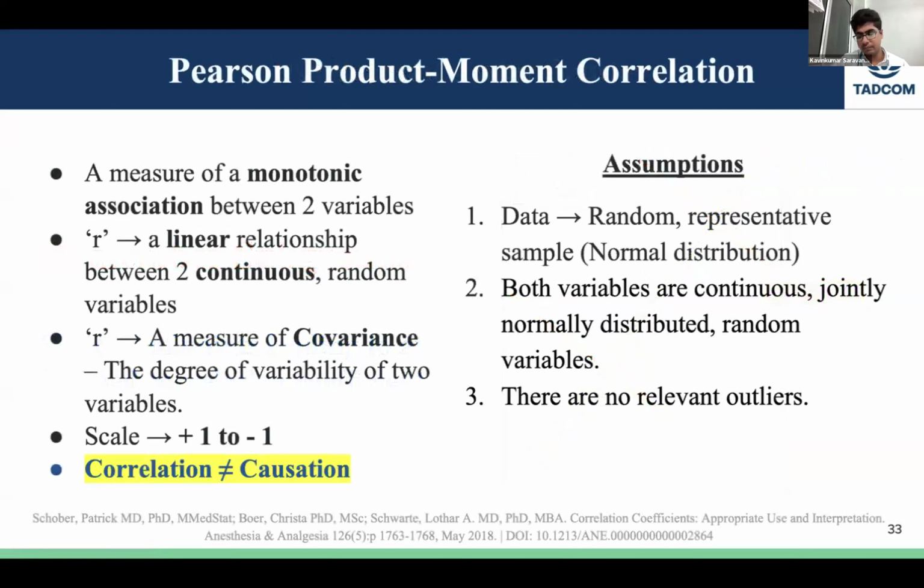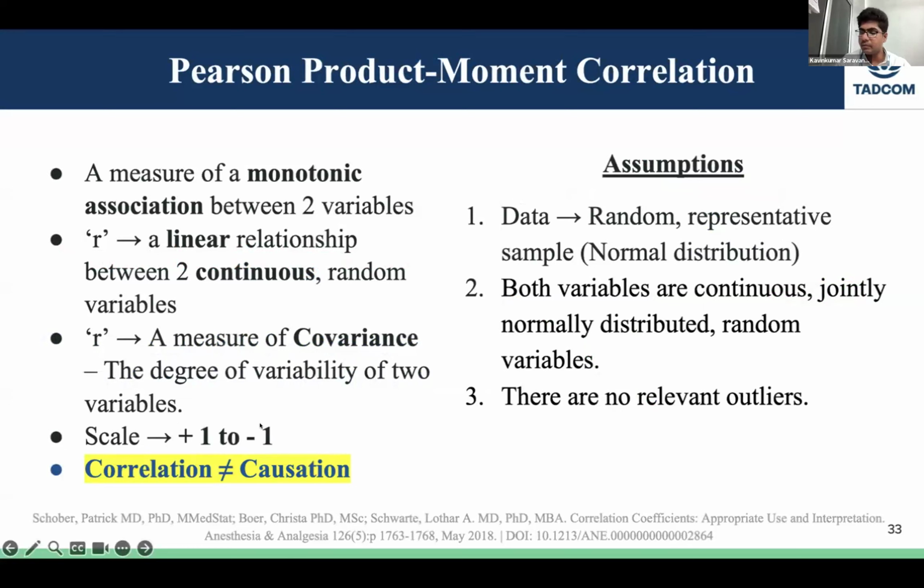So just a brief summary about Pearson's product moment correlation. Assumptions: both the variables are continuous and normally distributed random variables, and there are no relevant outliers. I think for any statistical test, we see these assumptions. This product correlation is only for continuous variables that are linear in nature, and it ranges from +1 to -1.